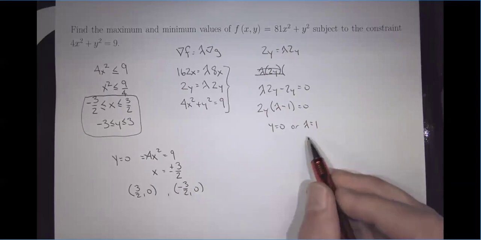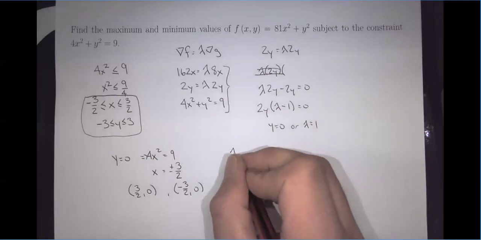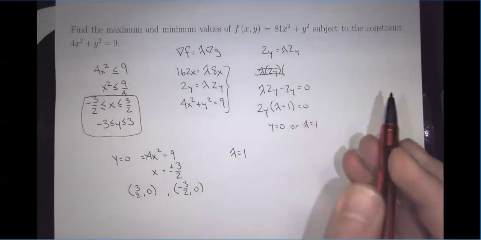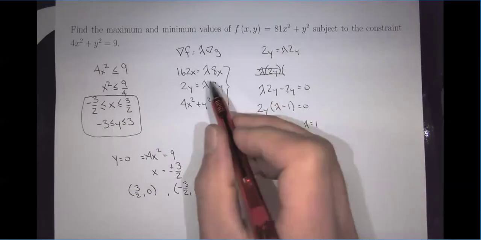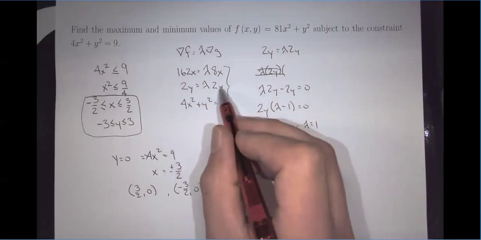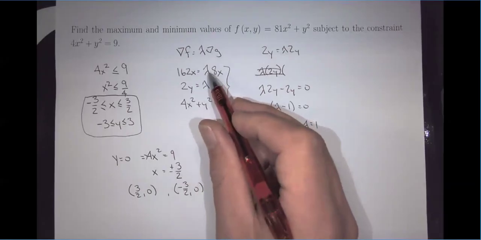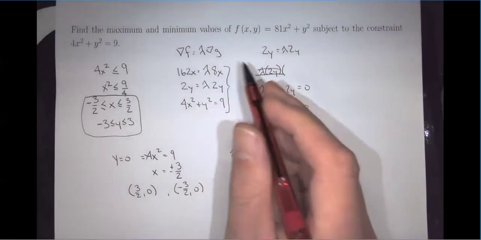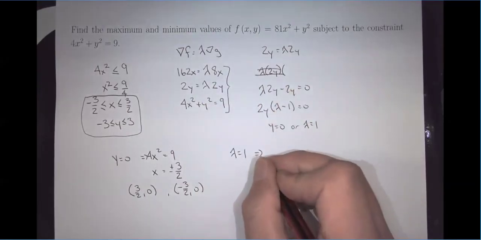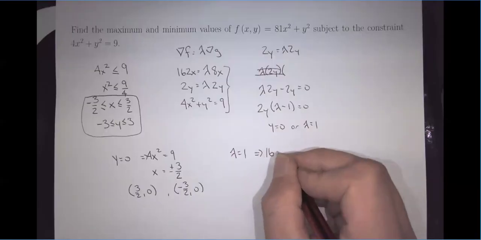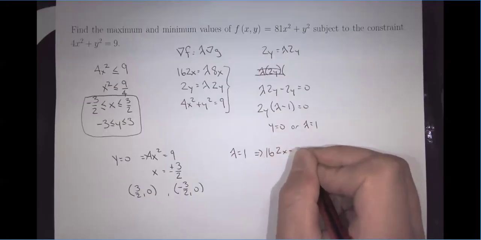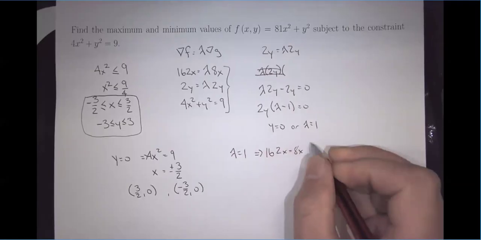If we look at the lambda equals 1 case, well, that satisfies the second equation, surely. For the first one, that would force x to equal 0. So that would mean 162x is equal to 8x. So x would equal 0.